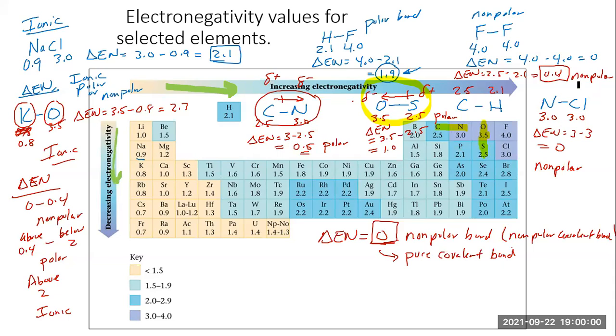This last one that we did here is a prime example of how you definitely can have two different elements and still have a nonpolar bond. The reason for that is when we look at nitrogen, which is right here, it is further up on the periodic table than chlorine, but chlorine is further to the right. So they actually cancel each other out.